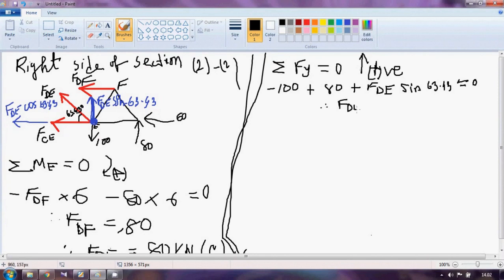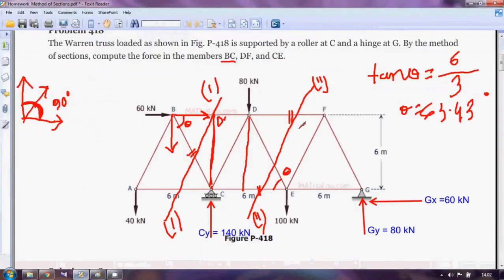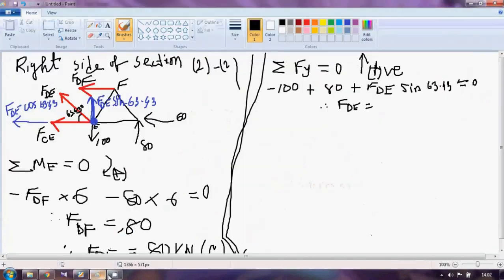So you will get F_DE. Although I don't need the member force F_DE because the question does not ask for it, I have no choice, because in order to determine the member force CE, I need to use summation Fx equal to 0, so I have to know the value of F_DE, with its cos 63.43 component.